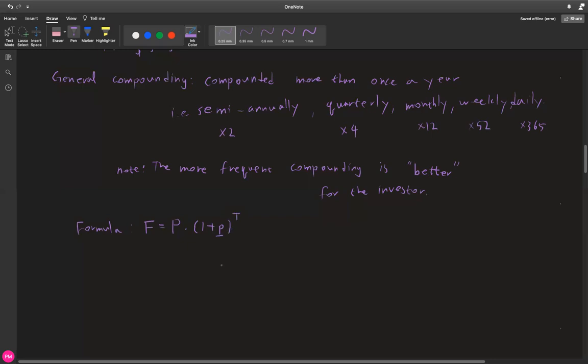Obviously we know that F is the future value, and capital P is the principal, the investment amount. And the lowercase p in this case is the periodic interest.